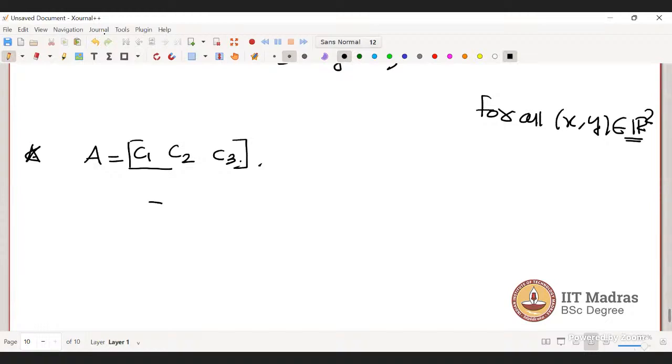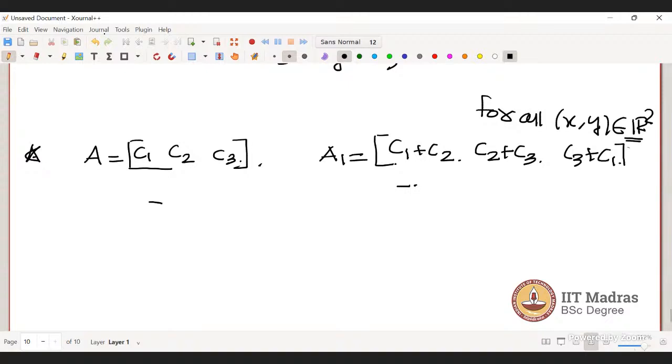Now another matrix A1 with first element C1 plus C2, second element C2 plus C3, and third element C3 plus C1. Please derive the relation between A and A1.